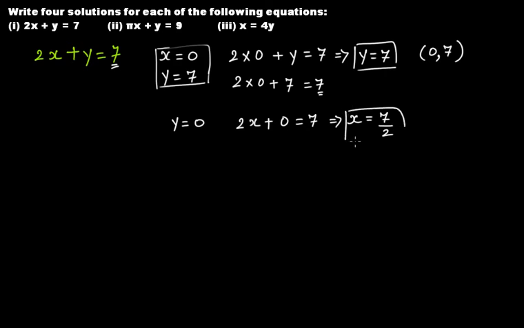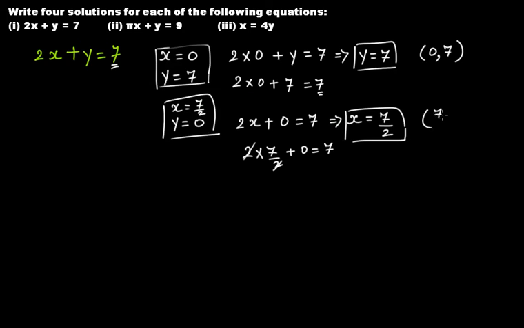If you want to check it, you can put x equal to 7 by 2 here. So 2 multiplied by 7 by 2 plus y, which is 0, should be equal to 7, and you can clearly see that it's actually equal to 7. That's why x is equal to 7 by 2 and y equal to 0 is another solution. So the next one is 7 by 2 comma 0.